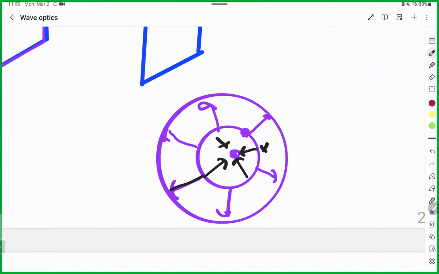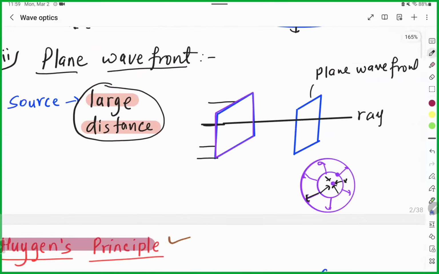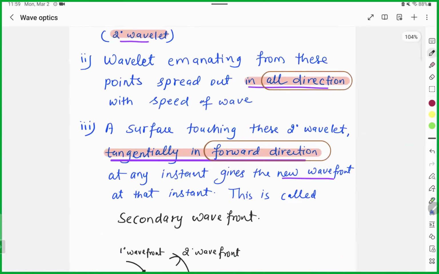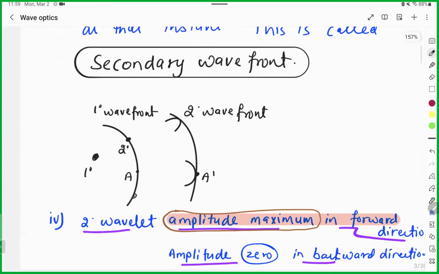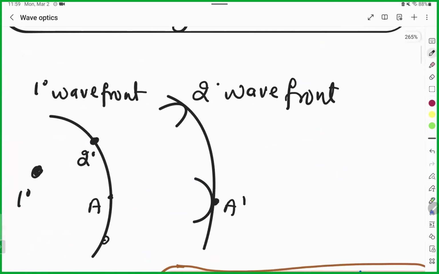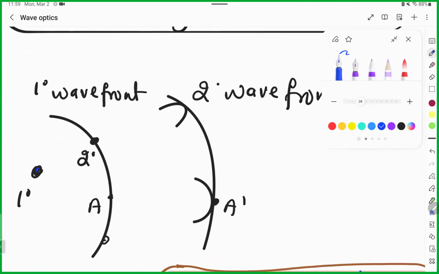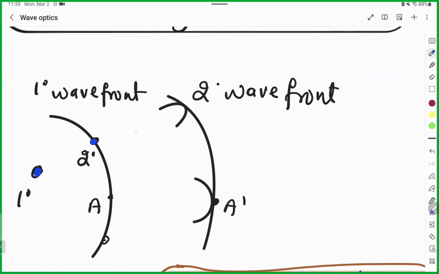It will move in the forward direction only, away from the source. At any given point a new wavefront will form, and that is the secondary wavefront. The wavefront formed the very first time is primary, and the one formed further is secondary. See here, you have the source, this will produce this, and it will further produce another wavefront. This is the primary source, this one is the secondary source. Right?